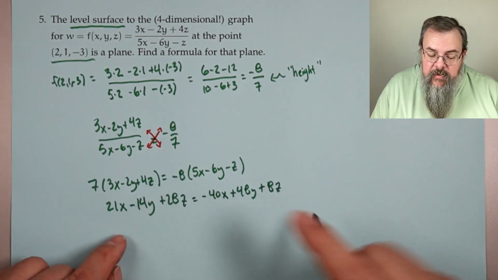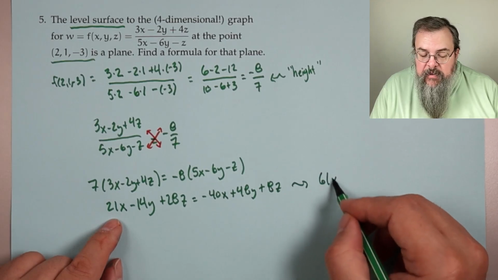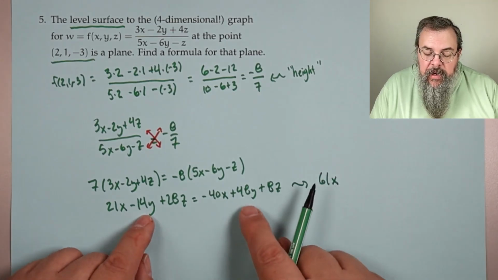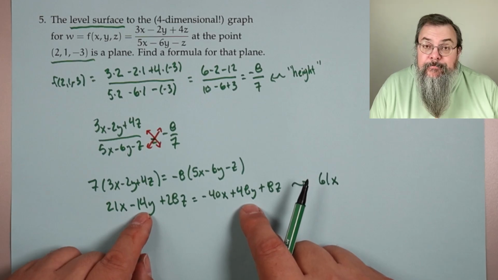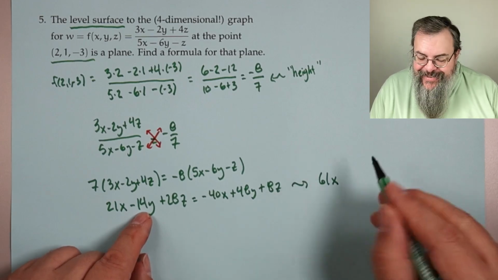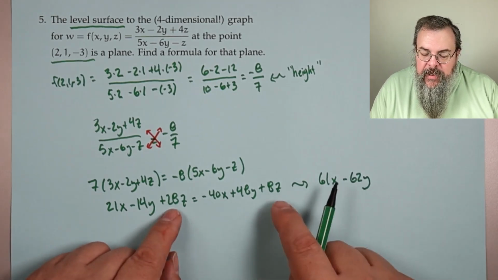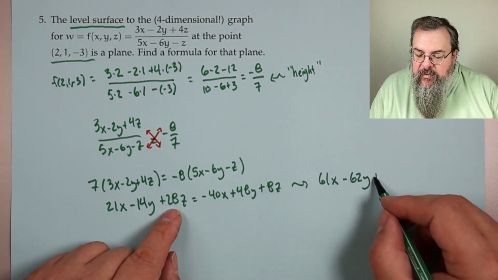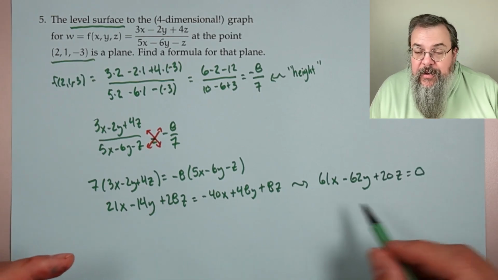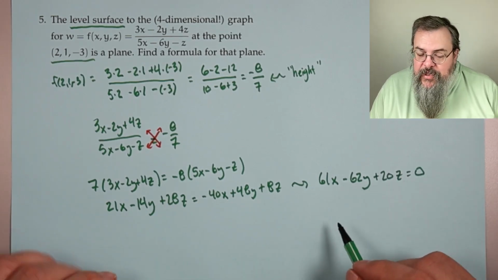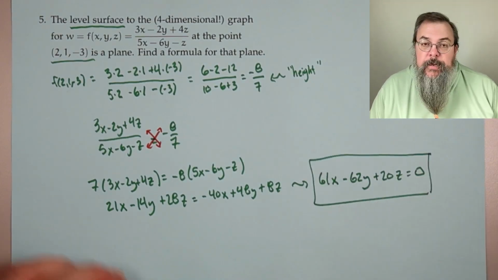Move things across. 21 plus 40 makes 61x. Minus 14, subtract 48, is minus 62, so minus 62y. And then 28 subtract 8 is plus 20z equals 0. There's no common divisor of any of these coefficients. It's a plane. We're done.